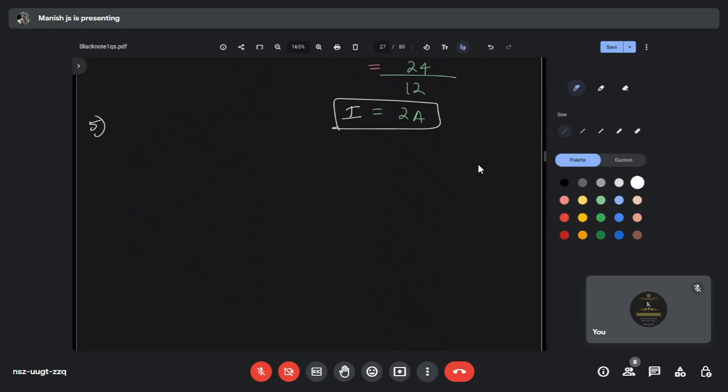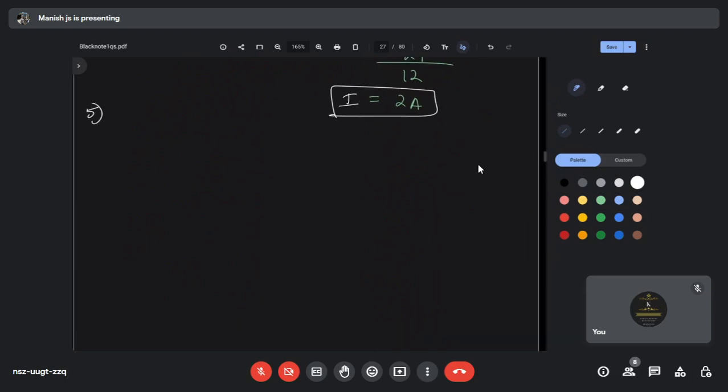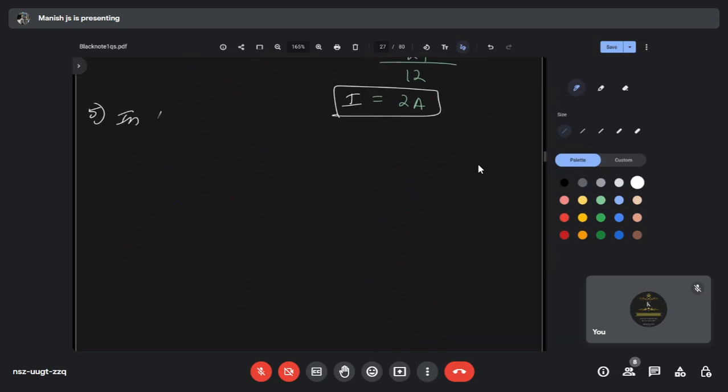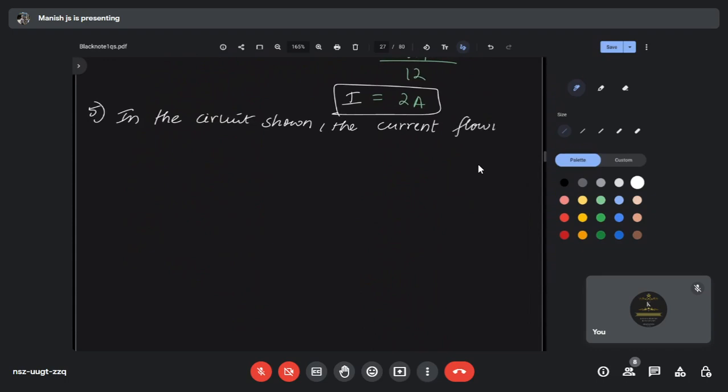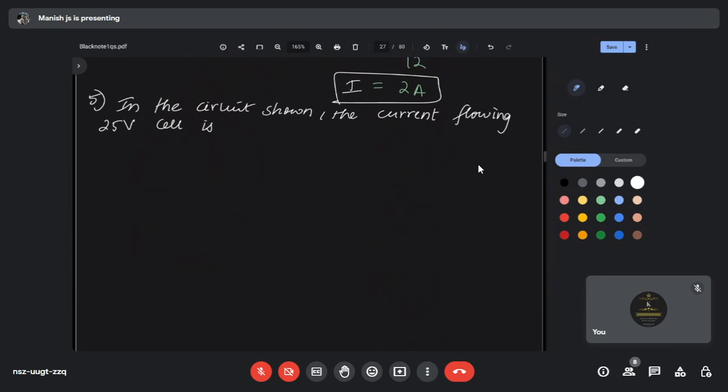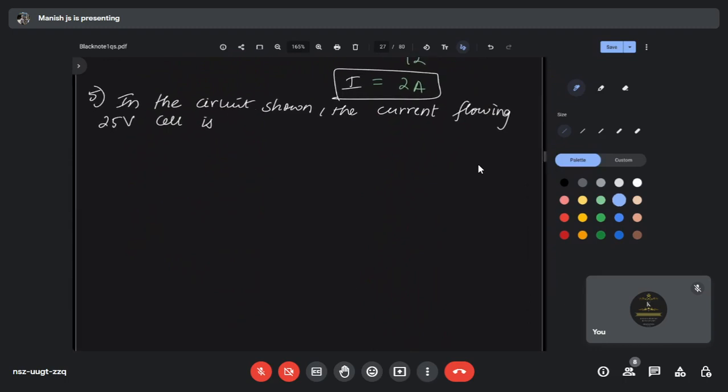So here comes the next question. In the circuit shown, the current flowing through the 25 volt cell is what they are asking.